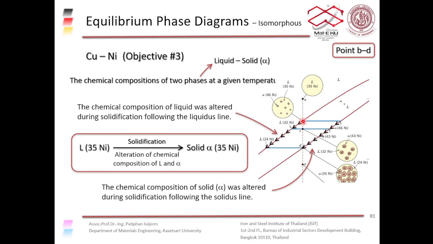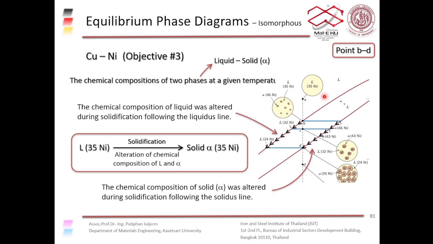Okay, so even though the composition of the liquid changes with temperature, and the composition of the solid changes with temperature, in the end you end up with the same overall composition, right?